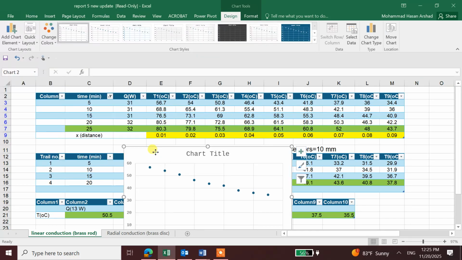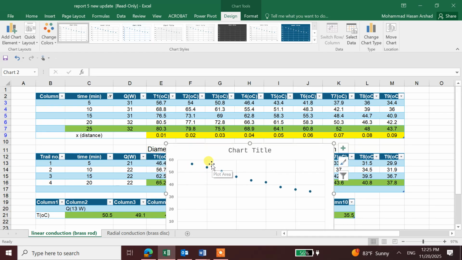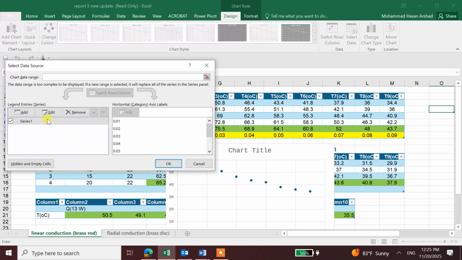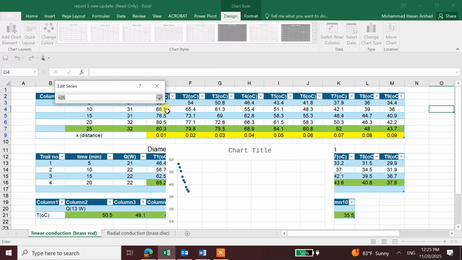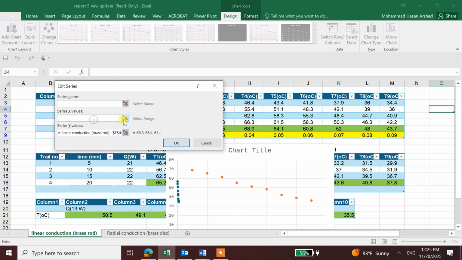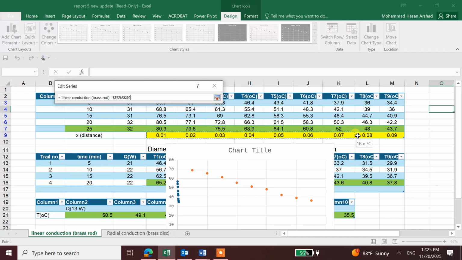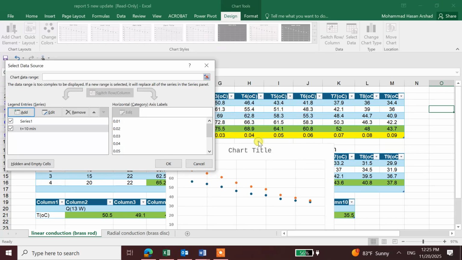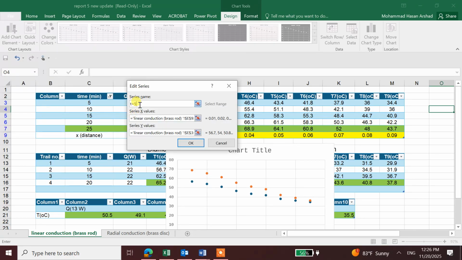So this is the profile at t equal to 5 minutes. This is not steady state. We will add the next one, the second one at 10 minutes, and the x-axis, the axial distance, is the same.